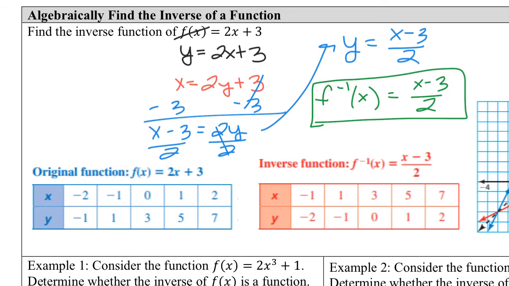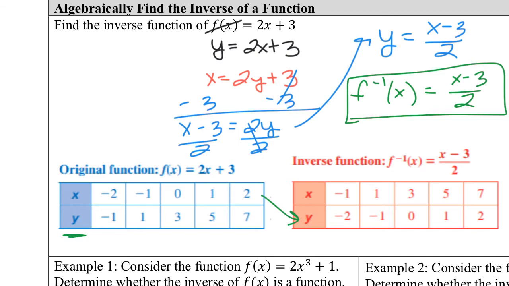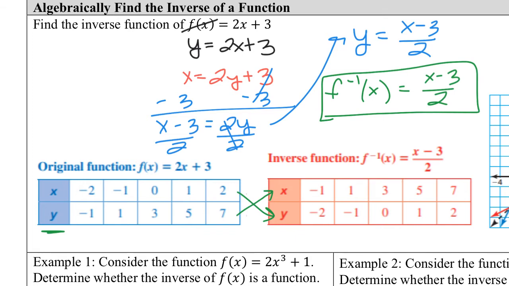My domain, my x's, negative 2, negative 1, 0, 1, 2, is now the range of my new one. Same thing for the range of the original: negative 1, 1, 3, 5, 7 is now the domain of the inverse. Everything about this is backwards. They use the exact same numbers, they're just flipped.